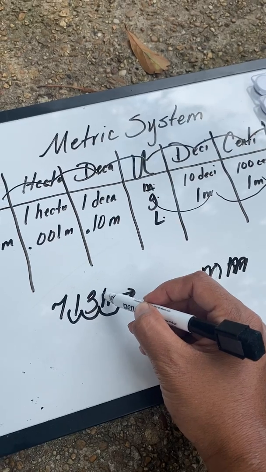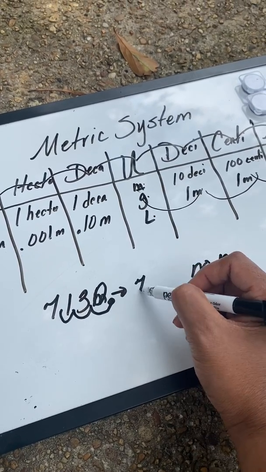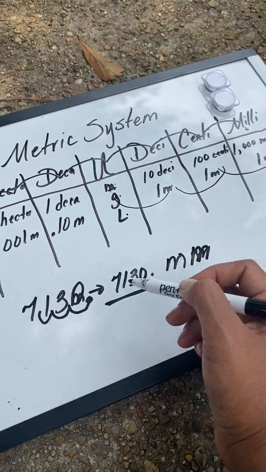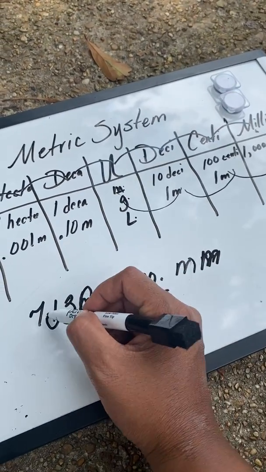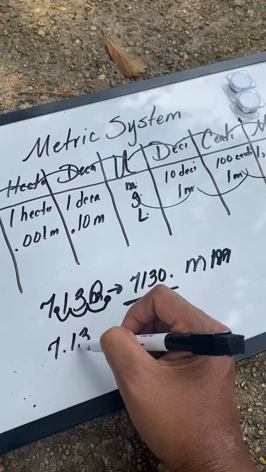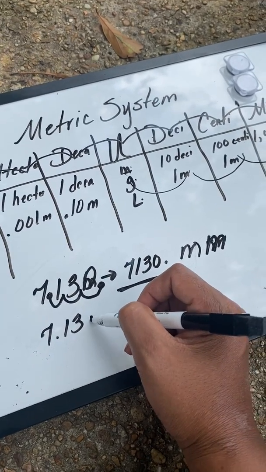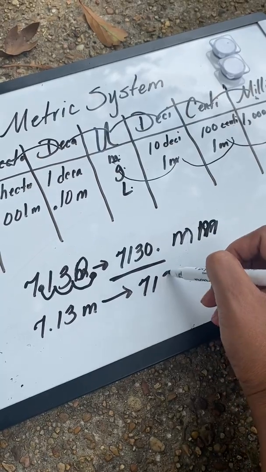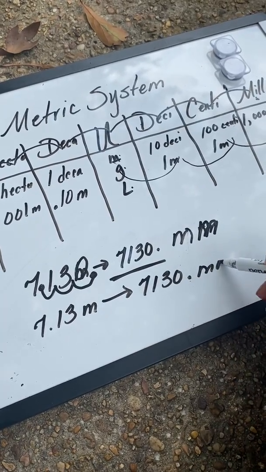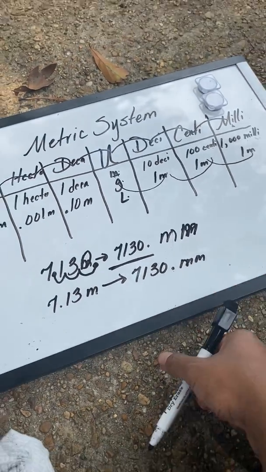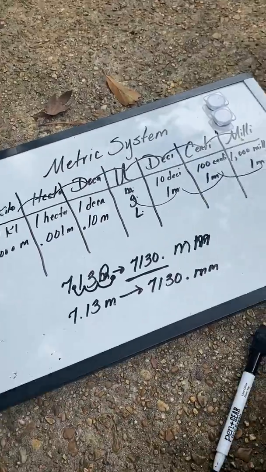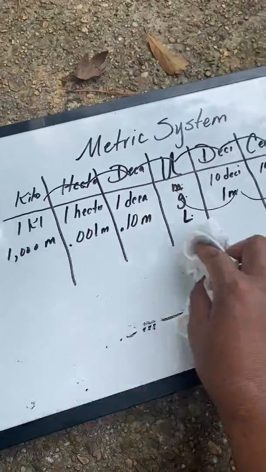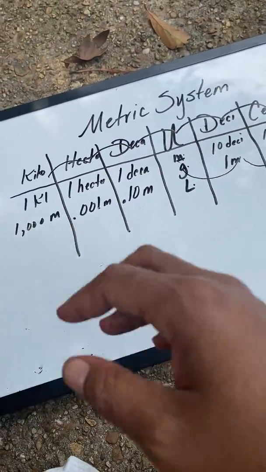So this will be a placeholder right here. That's 7130 point. That will put us from 7.13 meters to 7130 millimeters. I know it looks a little funny, but hey, this is how you do it. All right, let's do another one.